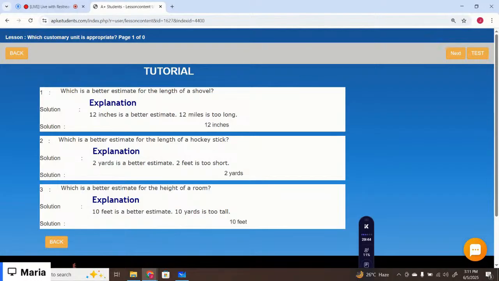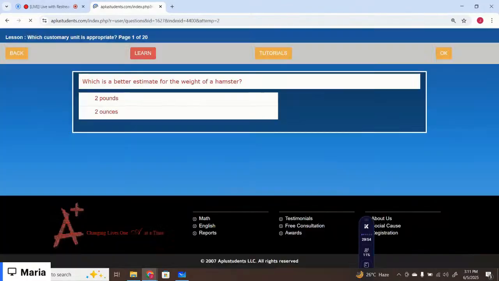The length of the shovel would be 12 inches because 12 miles is too long. Let's just start with the test questions.